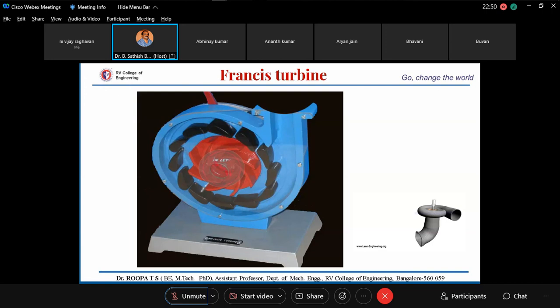In reaction turbines, we use the draft tube for taking the water from the rotor to the tail race. Because of the reaction type of working, we need proper pressure containment. That is why we use this outer case, which is not the case in Pelton, which is an impulse turbine.